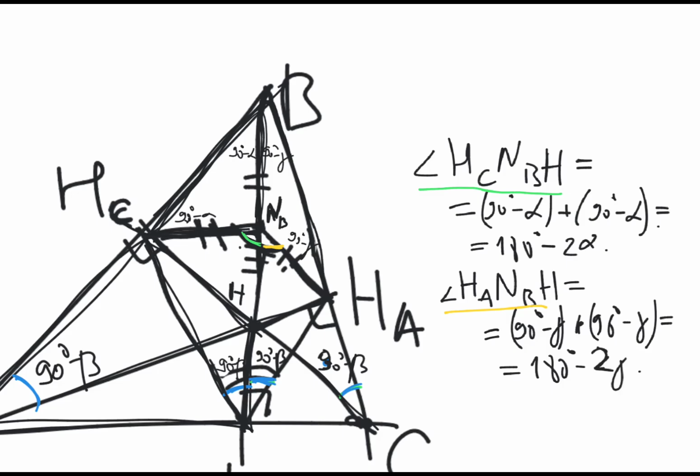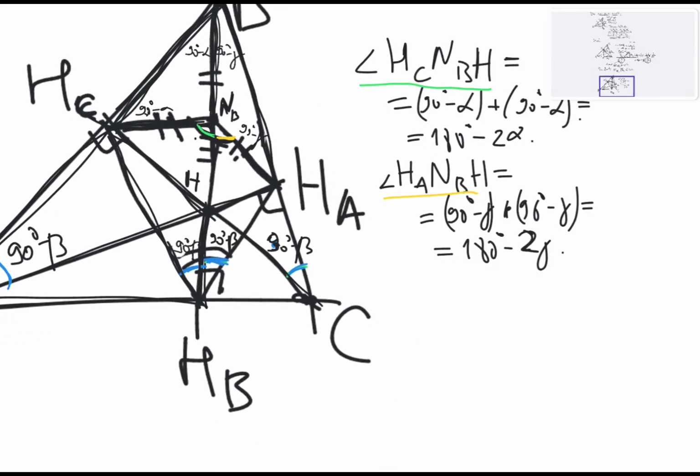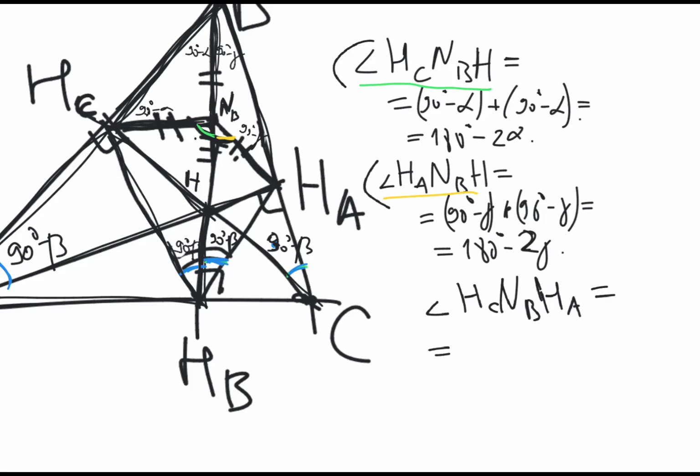So when we sum these two angles together, the angle HC and BHA is calculated as the sum of these two, this one plus this one, and so it would be 180 degrees minus 2 alpha plus 180 degrees minus 2 gamma.